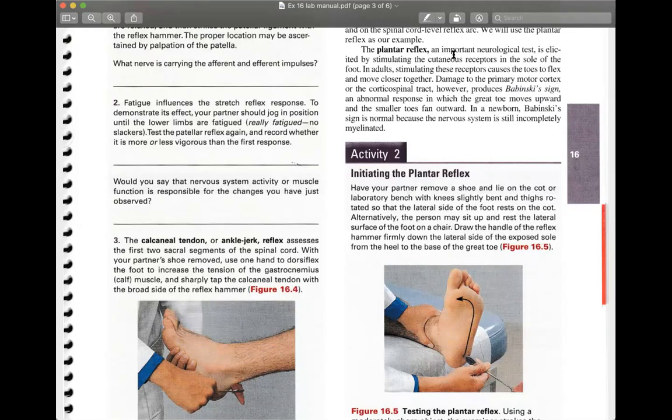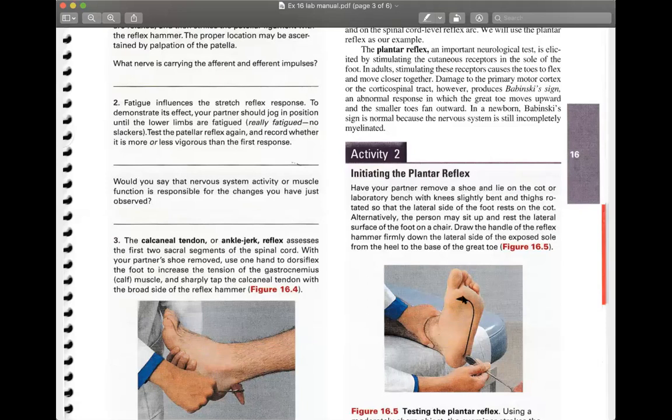Okay, so in an adult, if you do this, you start at the heel and go out along the lateral part of the foot and across what they call the ball of the foot, or the metatarsophalangeal joints.